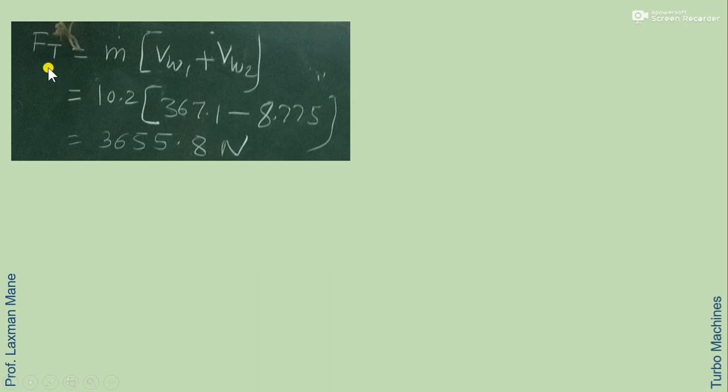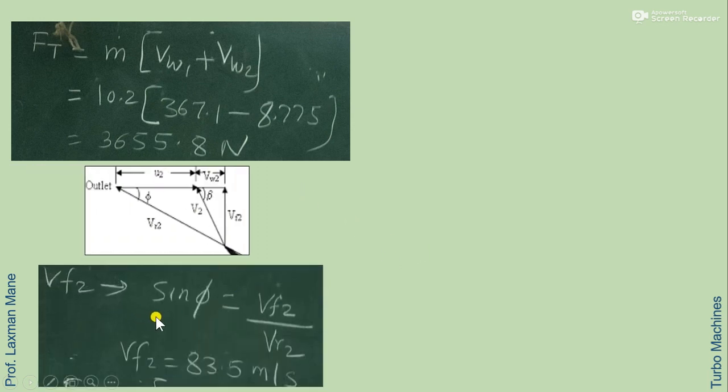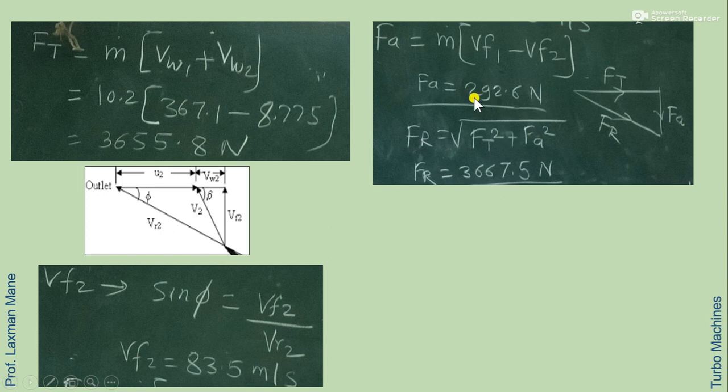Then in the tangential force formula, putting the values, we get the answer. Then from the outlet velocity triangle, VF2 we can find by using the sin phi formula.